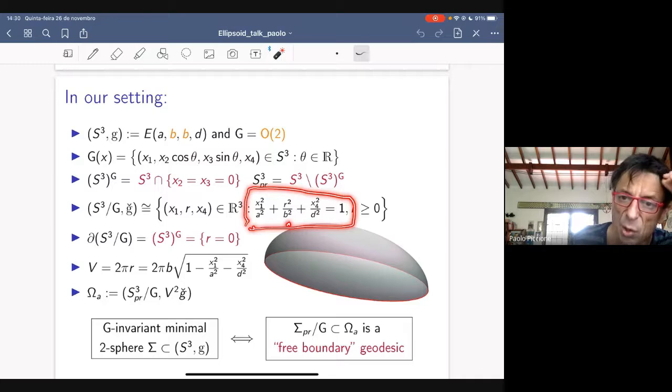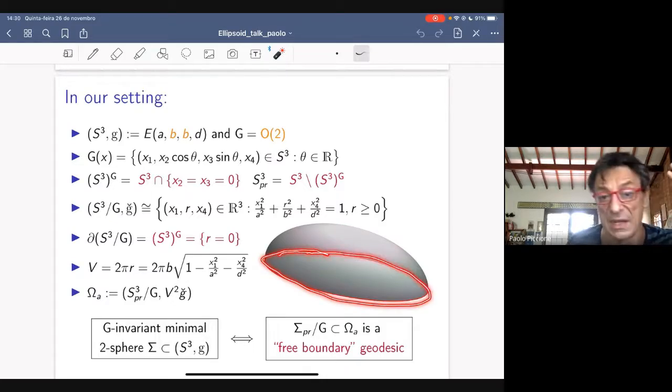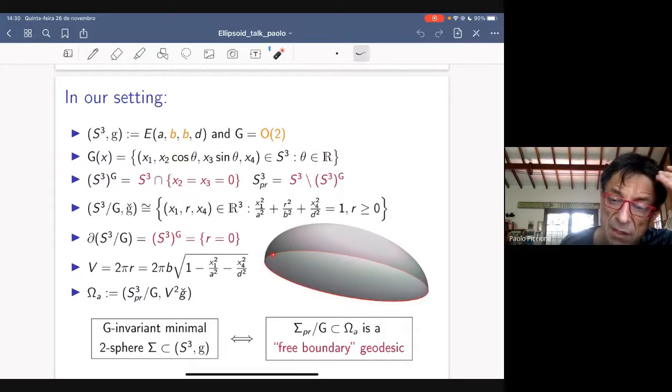So basically, you have killed these two variables, x2 and x3, they become just one single variable in this quotient. And it suffices to take, of course, r positive. So you take only the upper part of this ellipsoid here. And the boundary of this half ellipsoid, which is an ellipse, a real ellipse, is the singular boundary for the Hsiang-Lawson metric, okay?